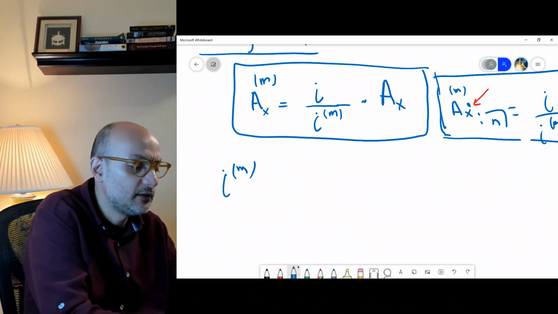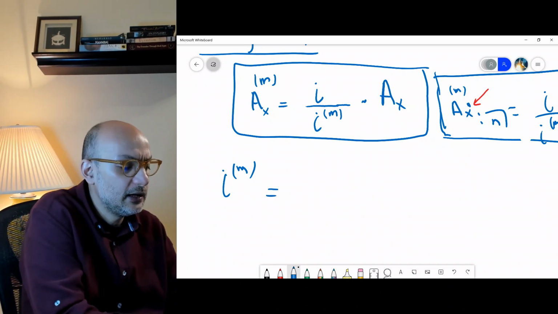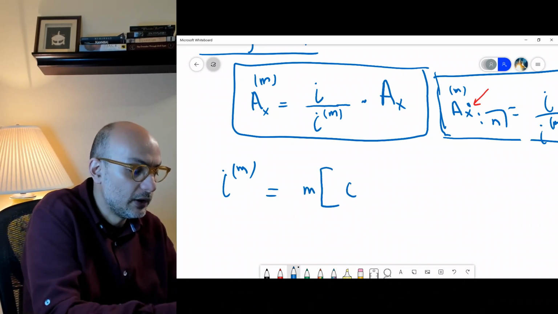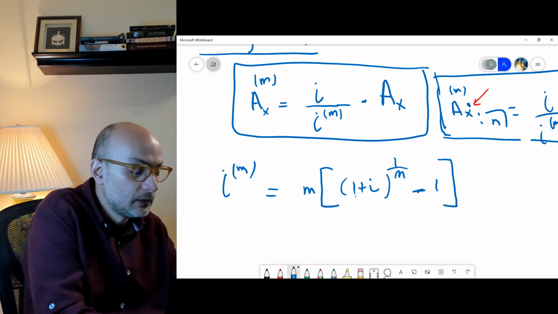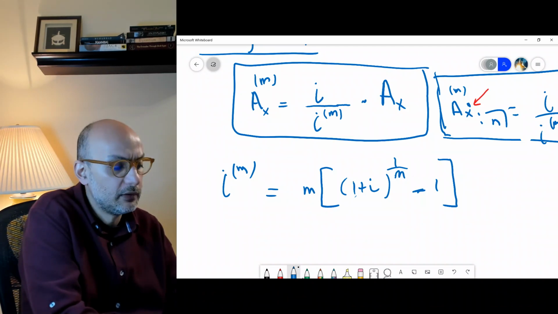We already did it in the review for interest theory, but i^(m) is just the formula: you have m multiplied by (1 plus i) raised to 1 over m, subtract 1 from it. So if you do that monthly, for i^(12), m will be 12, 1 plus interest raised to 1 over 12, minus 1.